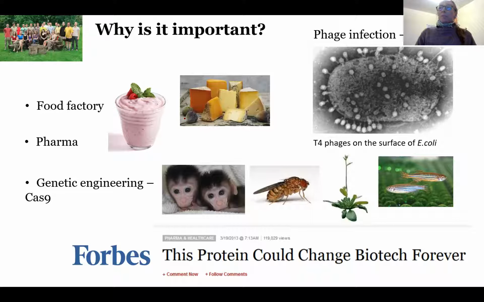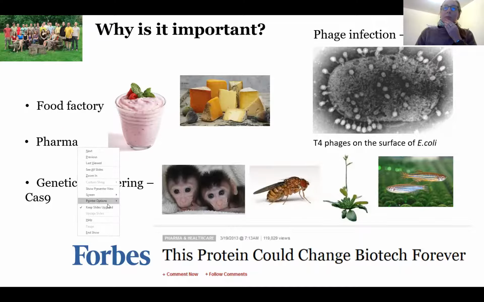And if you have, for example, cheese that needs 24 months, and you get phages at that stage, you will lose quite a lot of money during the production process. And in history, CRISPR immunity was first discovered by scientists who worked in a food factory, a milk factory, dairy products. And after that, CRISPR was discovered.